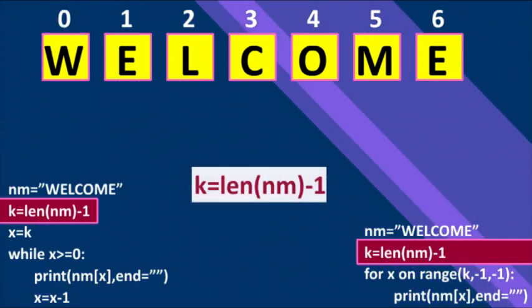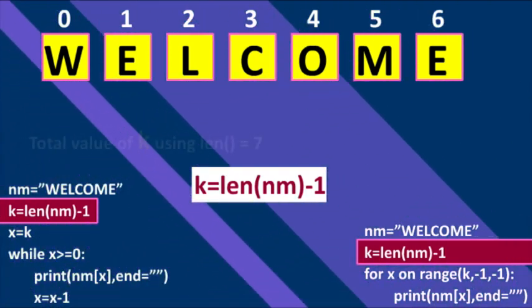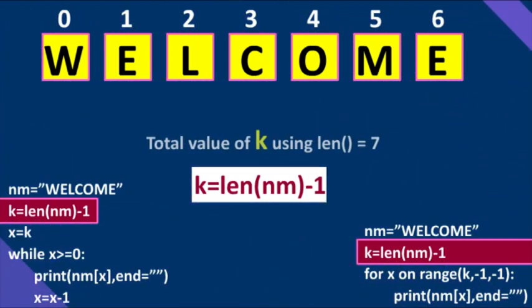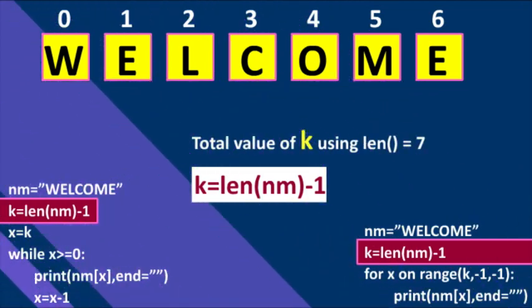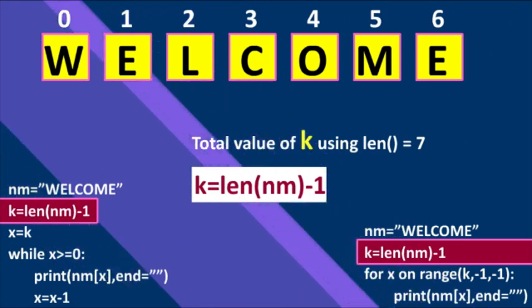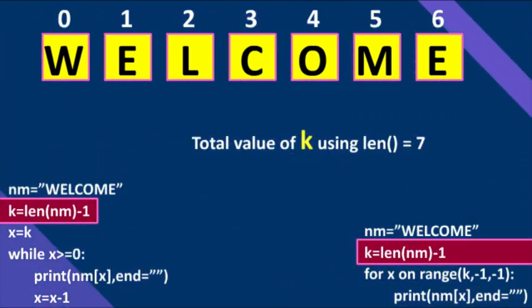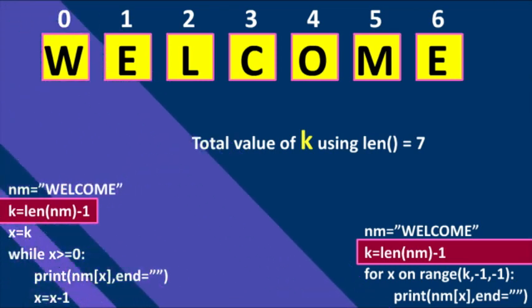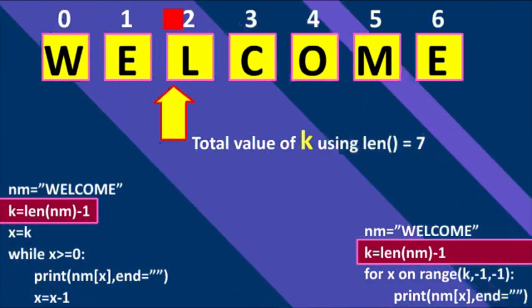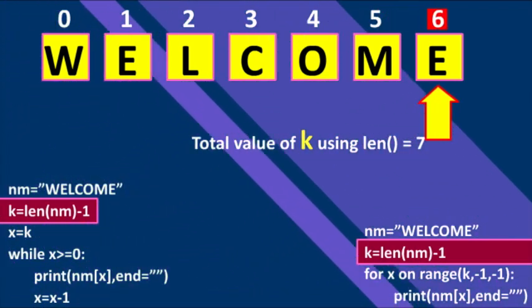Len is used for the length of a string. Nm stores welcome. The total size of nm is 7, but in the line I have written k equals len nm minus 1. It means the size is 7, but it will execute up to 6. Why? Because the index starts from 0.